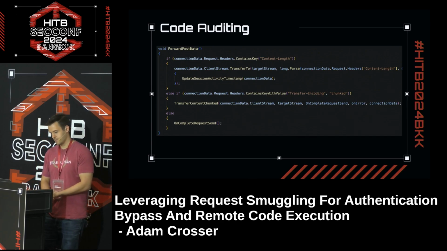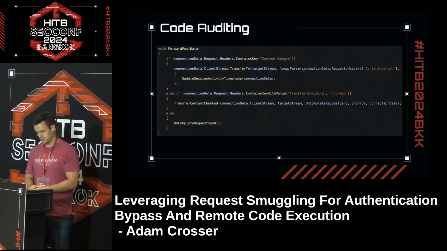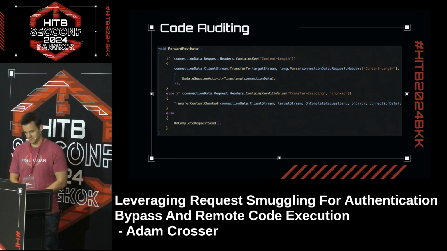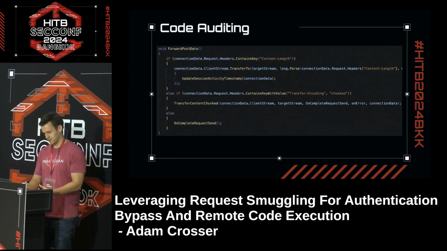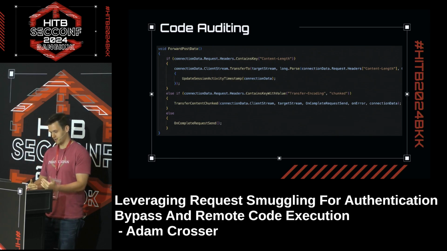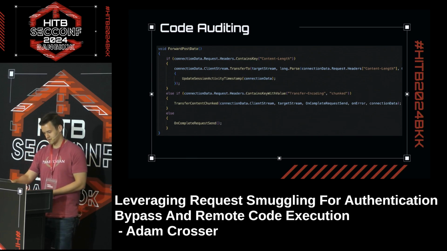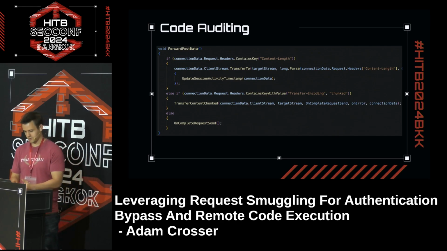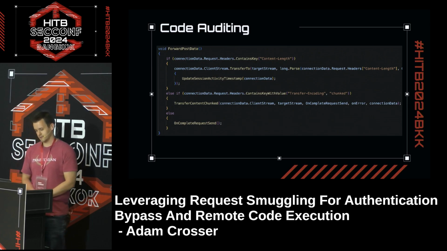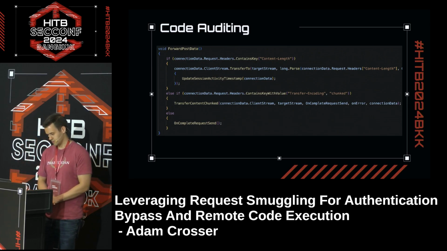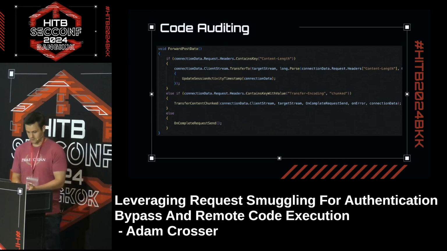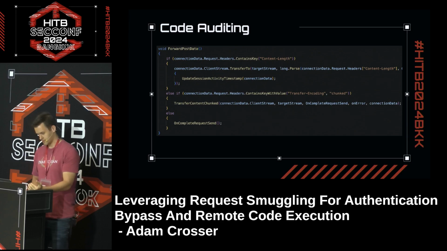This immediately stood out as a classical request smuggling issue, because when the HTTP specification says how to handle both of these headers, it typically recommends that you look for the transfer encoding header first, forward based on the transfer encoding header, and drop the content length header from the actual request. They were doing neither of these things. They were forwarding based on the content length and preserving both of these headers as well.